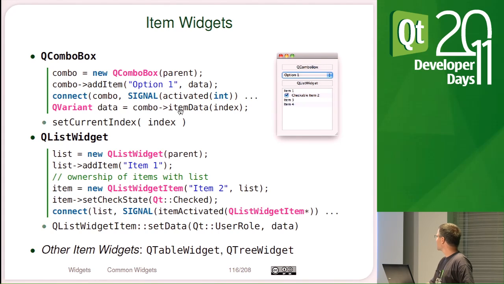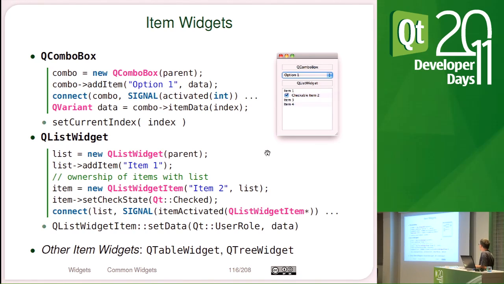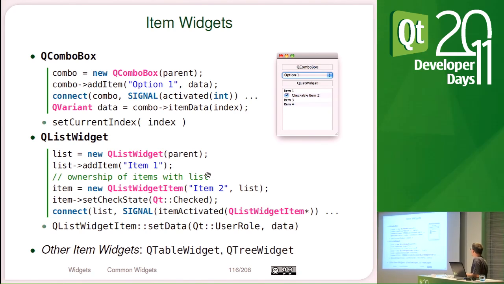So this item data is also very useful in list widgets. So here we see a list widget containing different items. And for instance, we set the checked state of the second item to true, so a checkbox appears within our list.